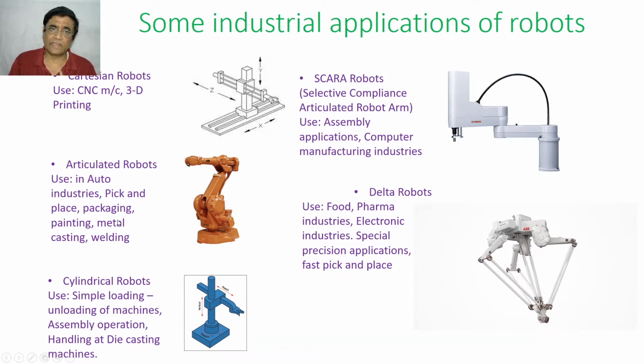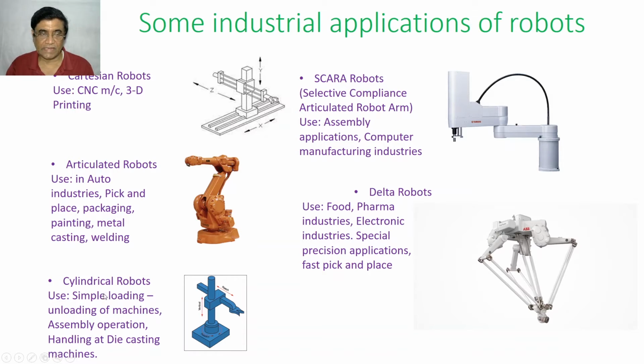Welding means arc welding as well as spot welding. Arc welding is a very famous application, because the robot can follow a trajectory very stringently. So the articulated robot is a costly but very effective robot, and it does this kind of activity in industry.